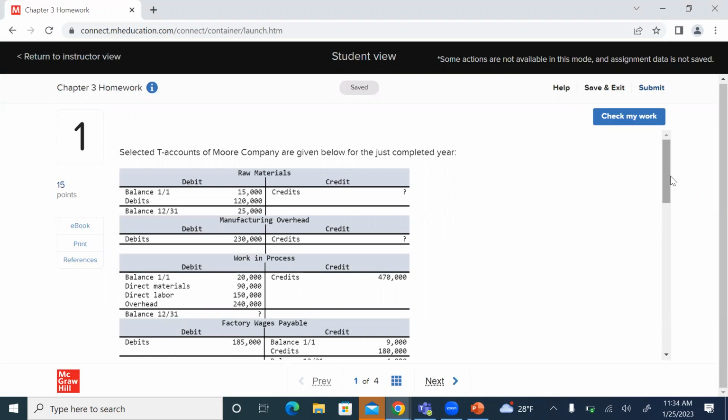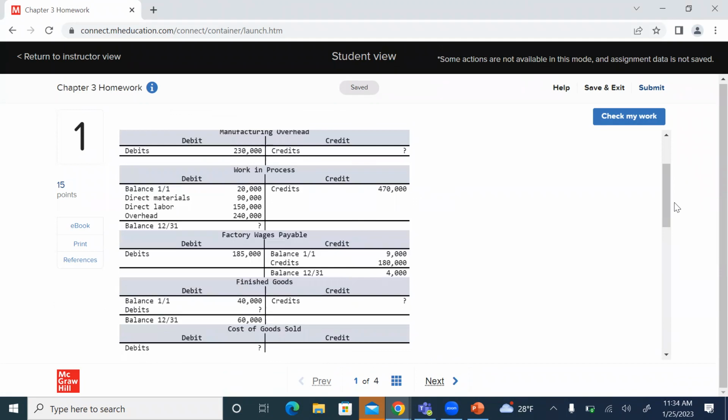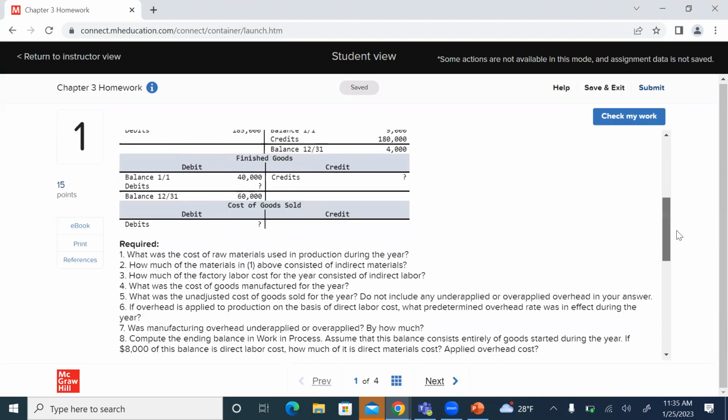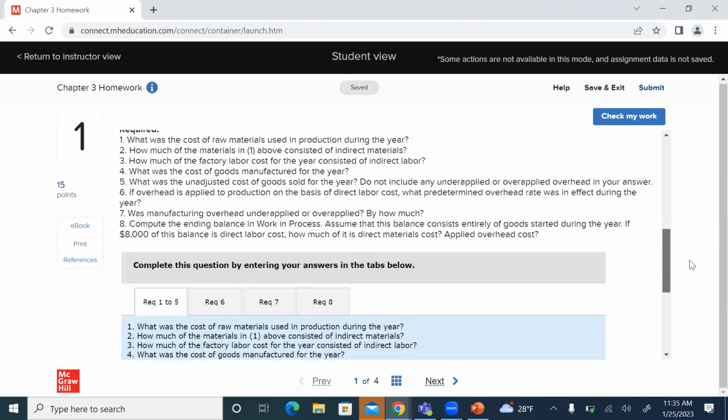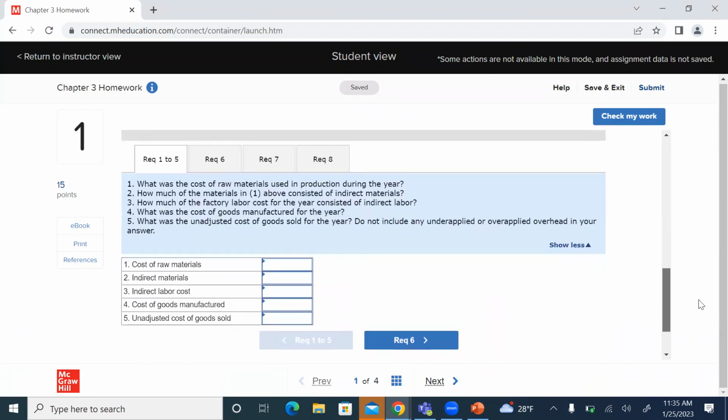Work in process, we need to know the ending balance. And finished goods and cost of goods sold. Basically, they want to make sure we understand how this works.